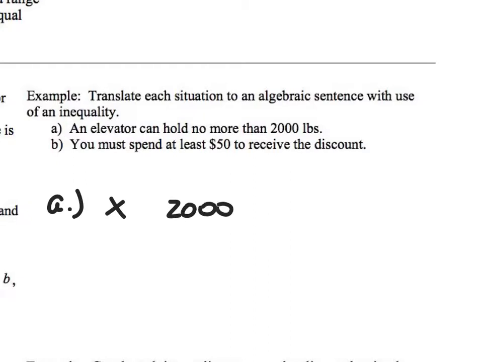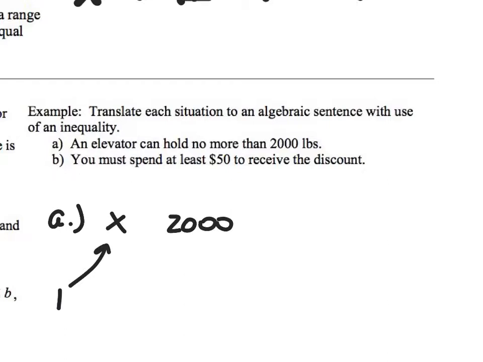What I want to think about is that I can't exceed 2,000 pounds on an elevator. We're going to have x be the number of pounds, and this is the maximum weight.